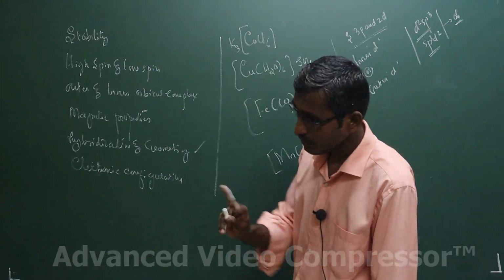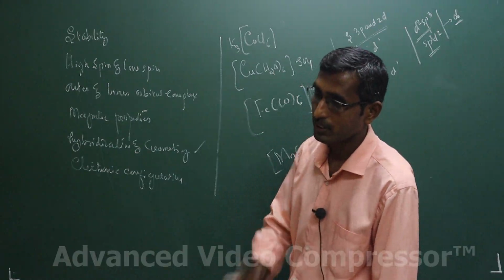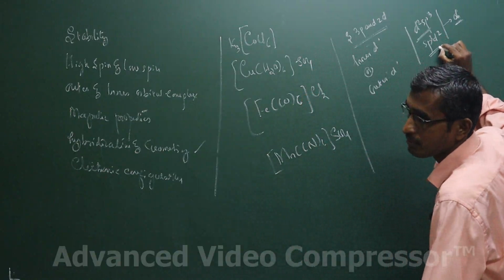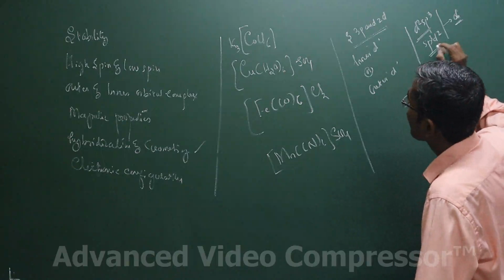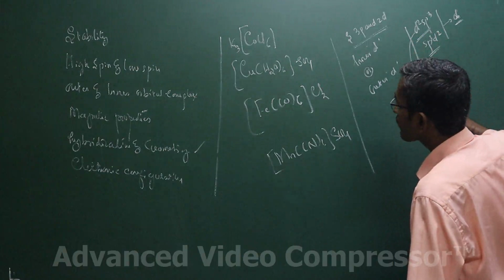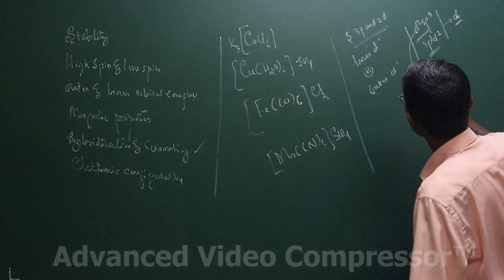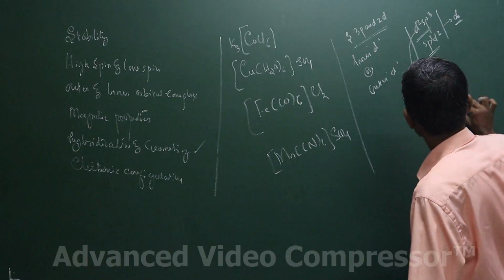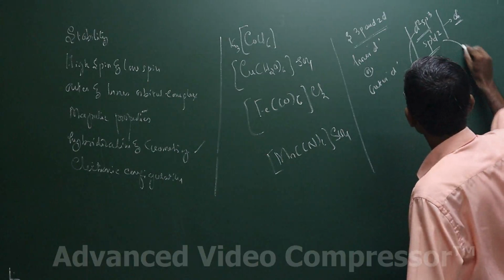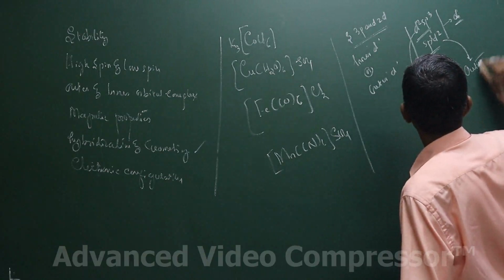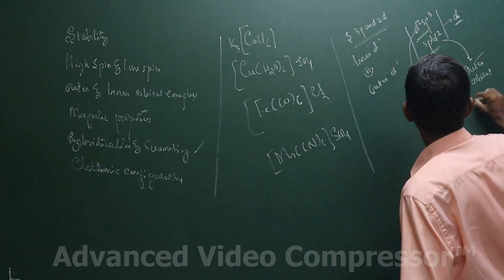Very clear? So two ways to look at it: one is d2sp3 hybridization, another option is sp3d2 hybridization. Two options are there. Accordingly, if there is an involvement of the inner d orbital, such complexes we refer to as inner orbital complexes. If there is an involvement of the outer d orbital, then we will call it an outer orbital complex.